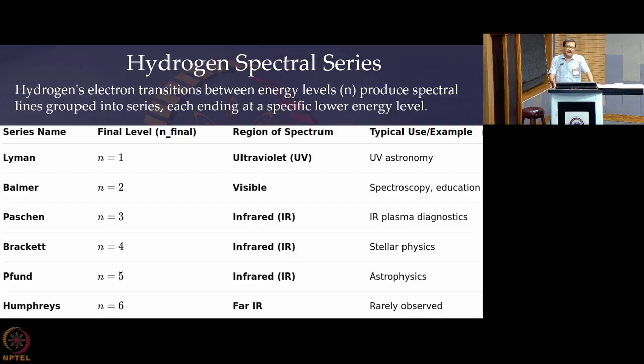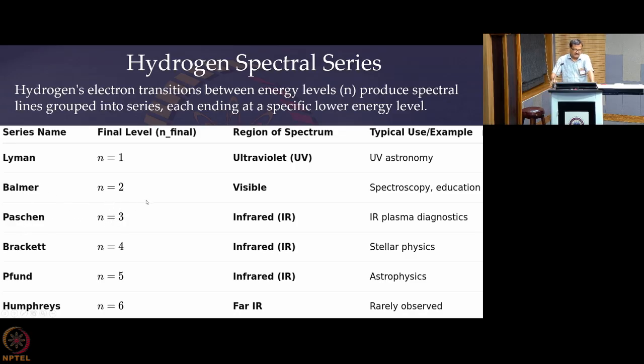Now, the hydrogen spectral series that we have been studying since our school days. We know Lyman, Balmer, Paschen, Brackett, Pfund. There are several series depending on the level where the transition terminates. Like the final level n equal to 1 you call Lyman, n equal to 2 Balmer, then n equal to 3 is Paschen, like that.